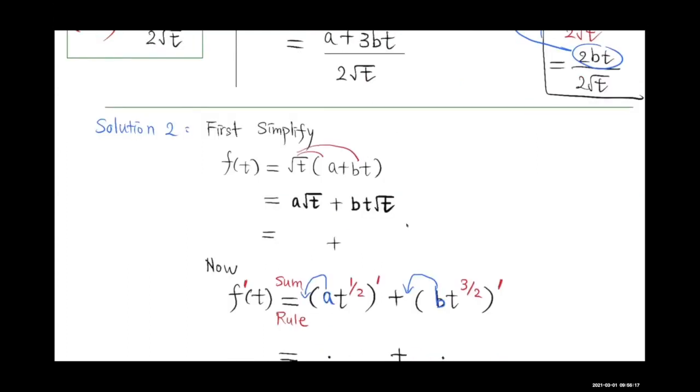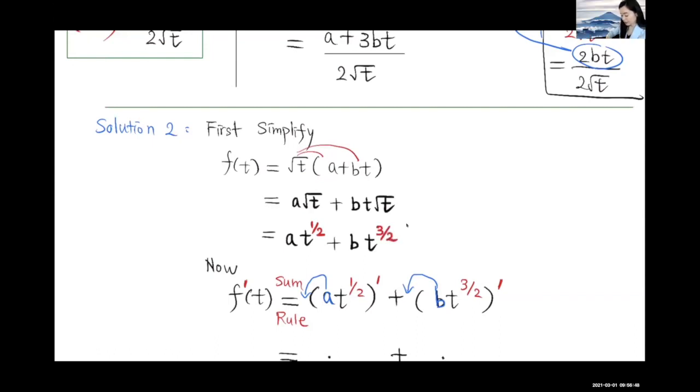All right, now let's rewrite this using the power form because we have to use the power rule to differentiate. So this will be a times t to the what power? 1/2. Yes. And then b times t to the what power? 3/2.